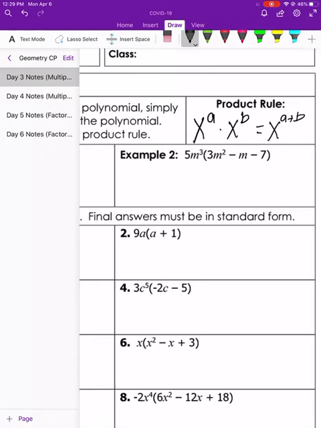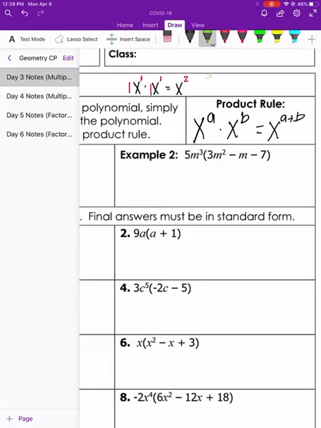So over here, if I had something like x times x, we have our leading coefficients are 1 and our exponents are 1. We just don't write them. So our final answer would be our leading coefficients 1 times 1 gives us 1. And then x times x, we add those exponents. 1 plus 1 is 2. So you're going to get x squared.